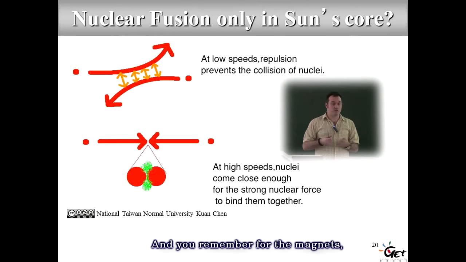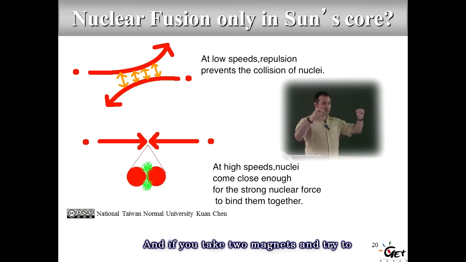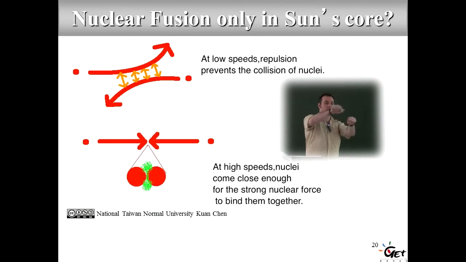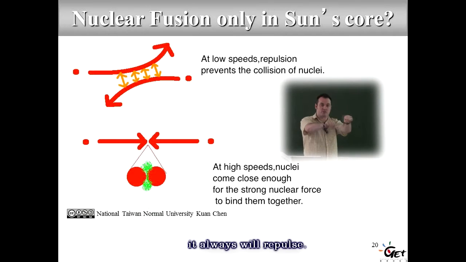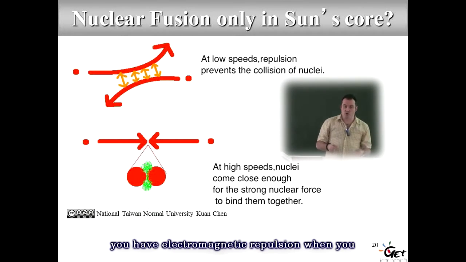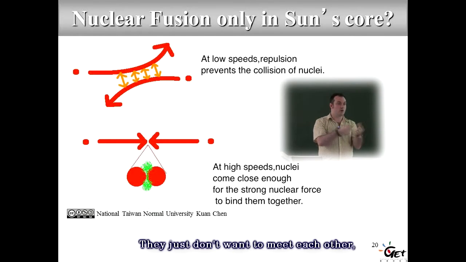And you remember for magnets, for instance, there are poles. If you take 2 magnets and try to bring them close to one another, north and north, you can't do it. It always will repulse. But if you do north and south, it works very well. This is the same phenomenon. You have electromagnetic repulsion when you take 2 protons that are positive. They just don't want to meet each other.